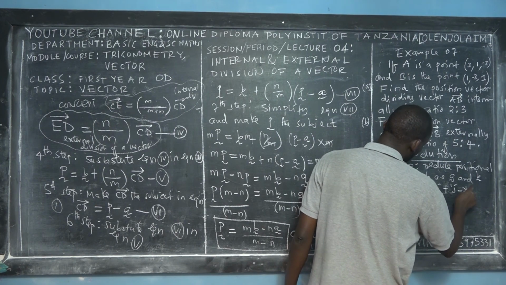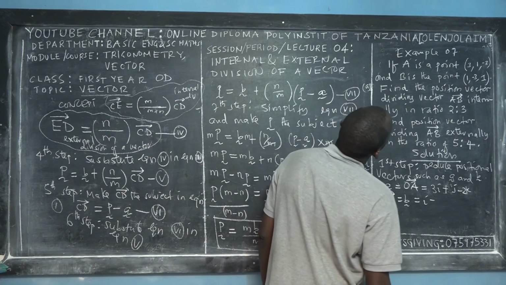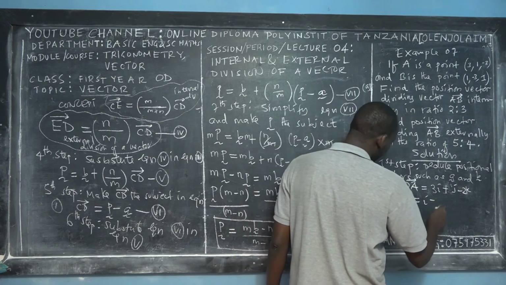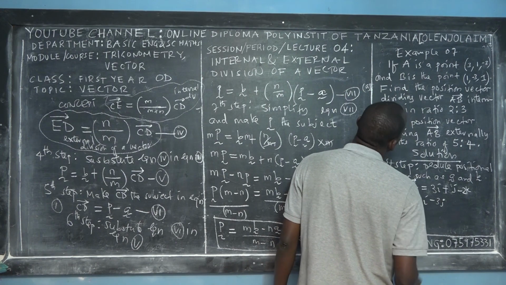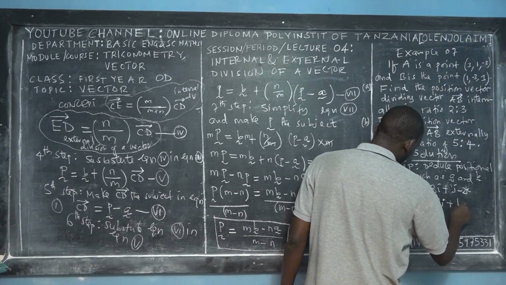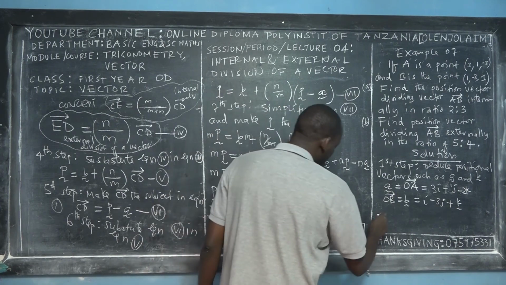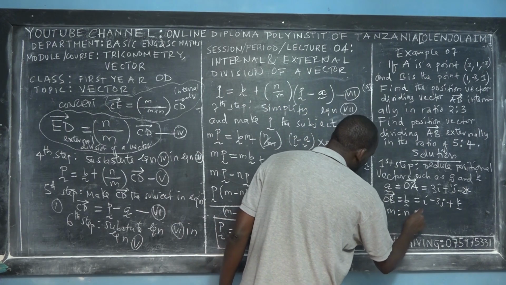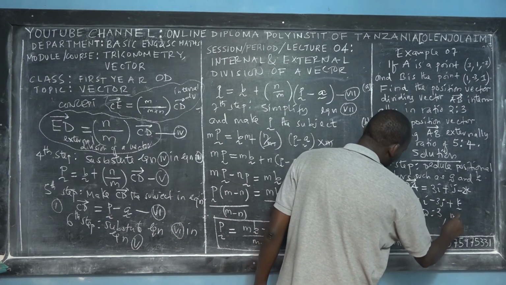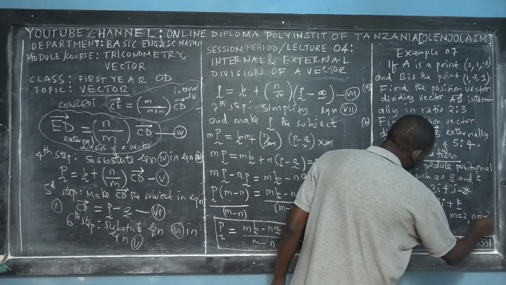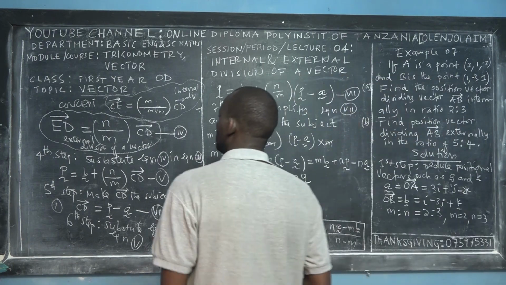Thank you, God. 3i plus j minus 2k. And then the other one, positional vector OB, is i minus 3j plus k. So the ratio m to n is 2 to 3. I have to say m is equal to 2, n is equal to 3. Okay, that's the first step.